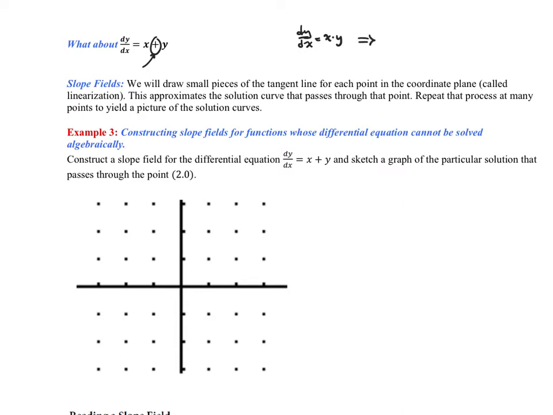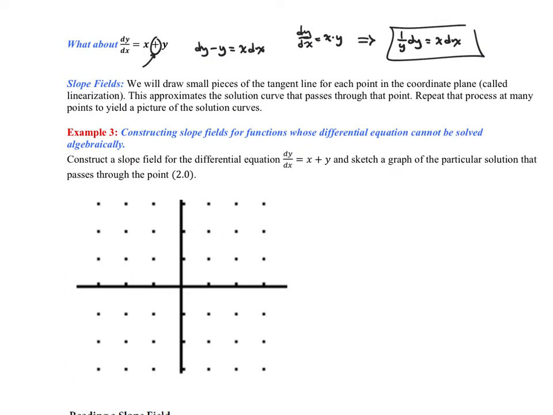If I separated them, I would get 1 over y dy is equal to x dx. We've seen and can integrate both sides of that, but I can't integrate when I separate these variables. If I subtract y, I would get dy minus y is equal to x dx.